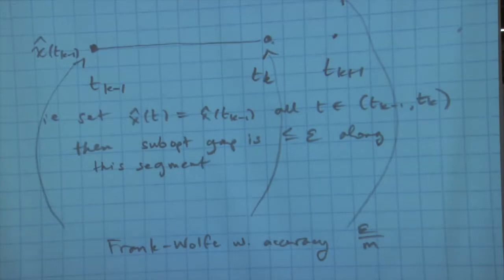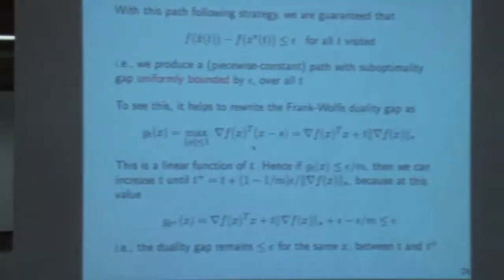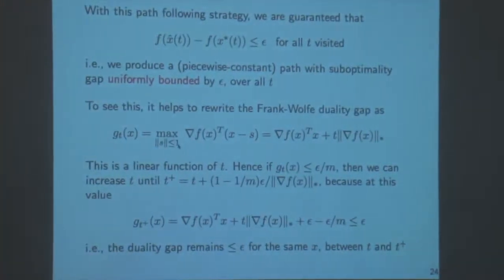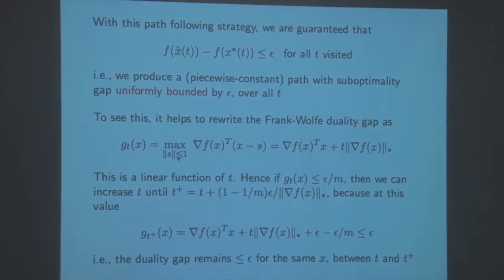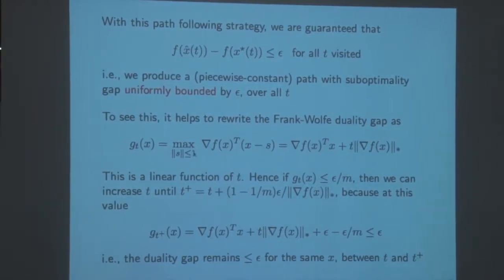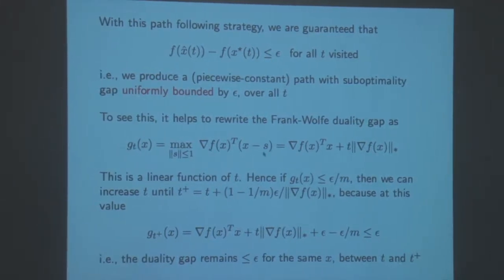The duality gap, remember I told you it's... I'm sorry, this is another typo. I've had a few typos this lecture. This should be the maximum over all s who have norm less than or equal to t at the point t. That's the duality gap that we learned of the gradient transpose (x minus s). And if I just unfold it like I had it before, this is the gradient transpose x plus, what is this?